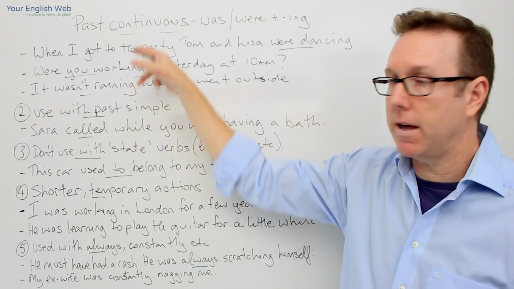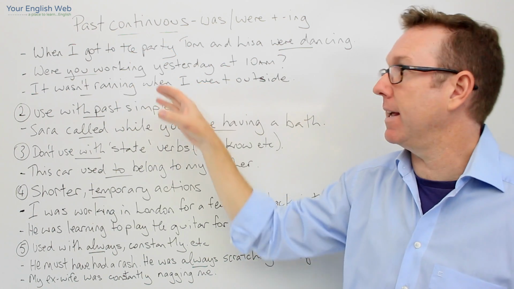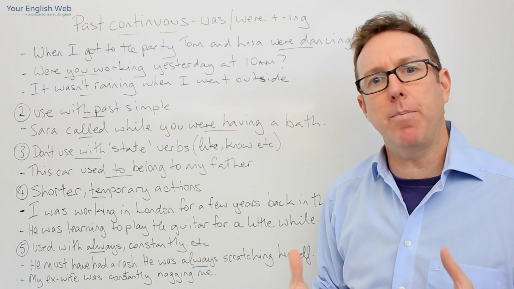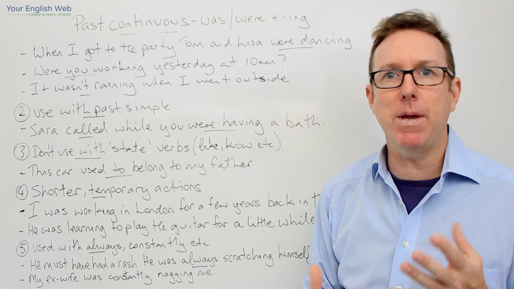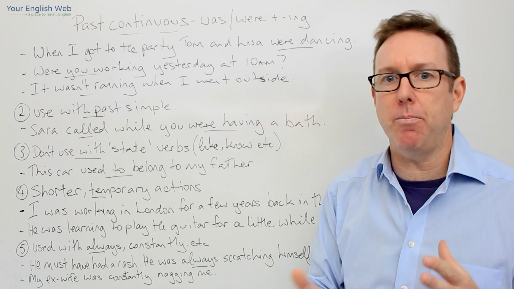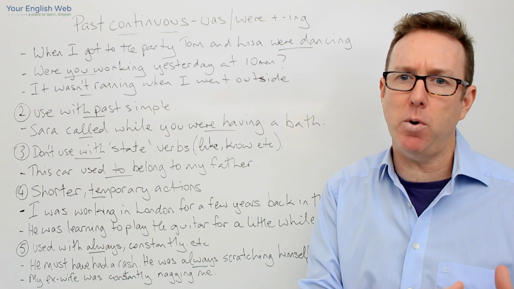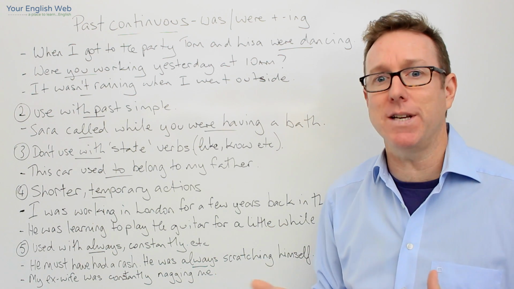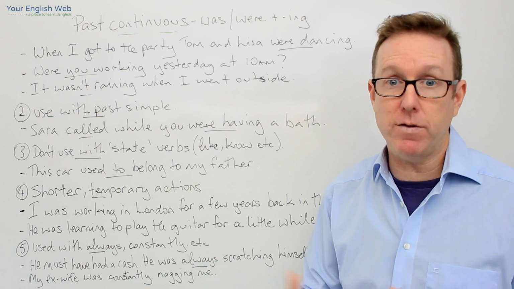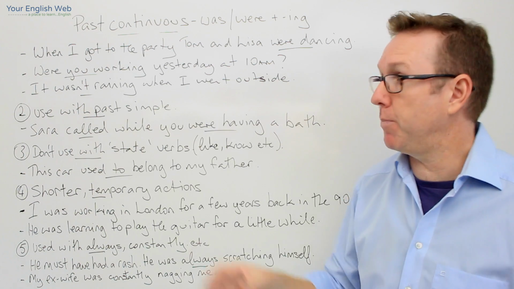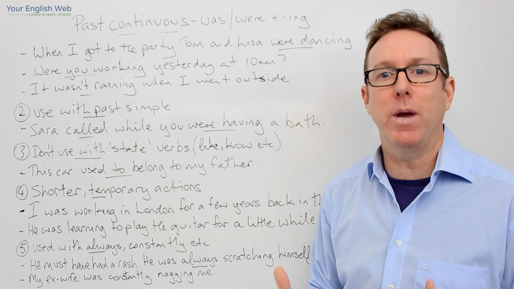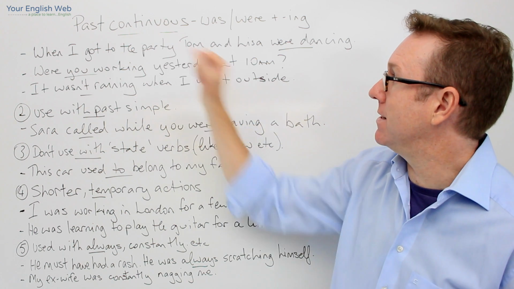Now we'll see here in context exactly how we use this tense. It can be a bit difficult because it can be confusing with the past simple. The past simple and the past continuous can be confusing tenses for native speakers and for non-native speakers, but I'm going to try to explain more or less when and how we can use this past continuous.